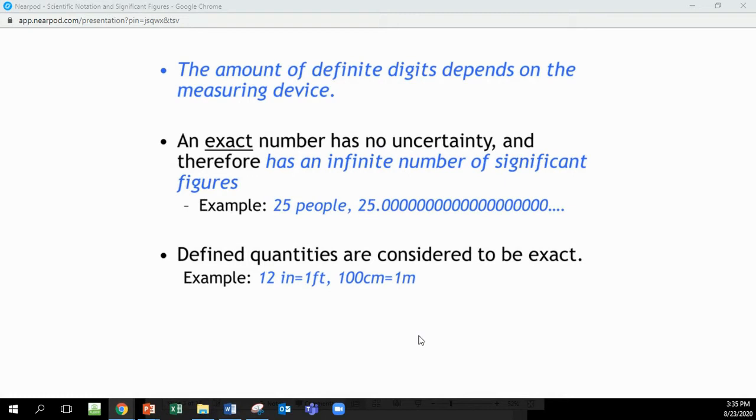The amount of definite digits depends on the measuring device. So on your graduated cylinder, on your ruler, on your scale, they're the ones who are going to determine your significant figures, the definite numbers.